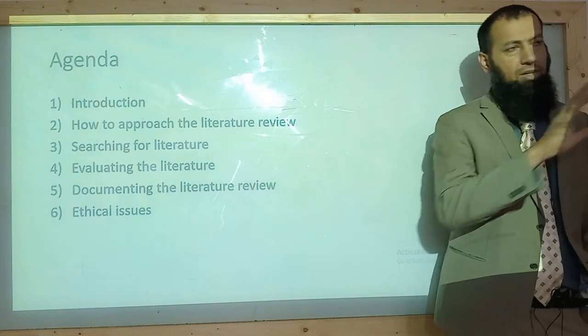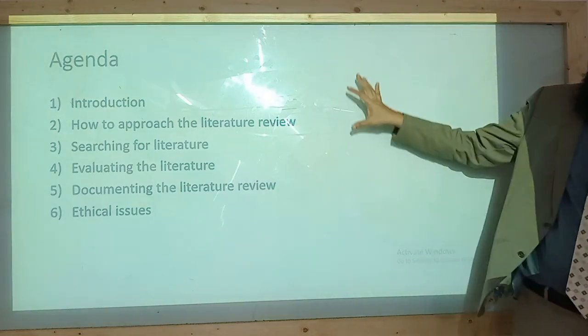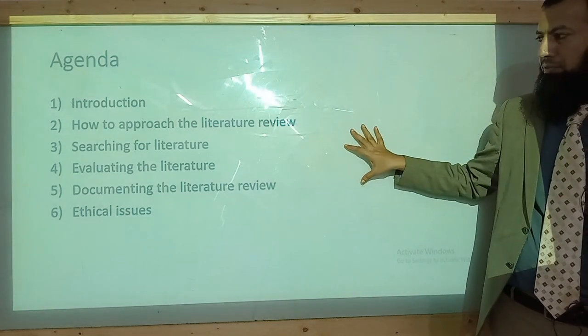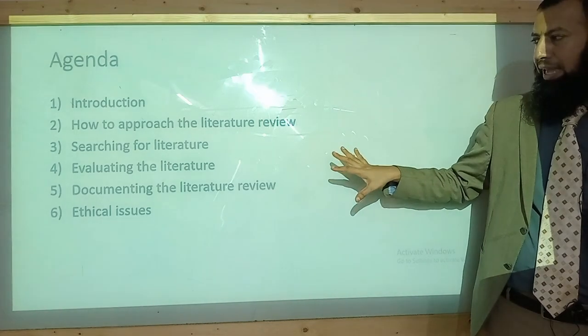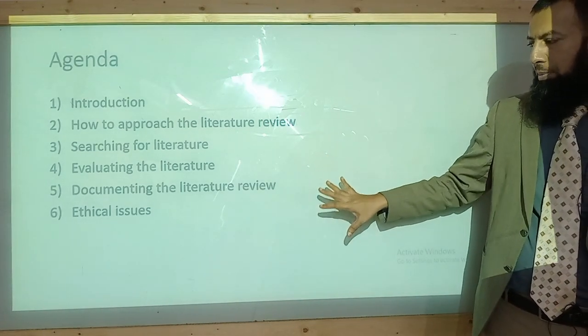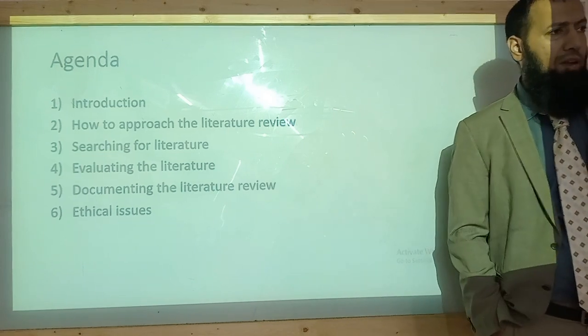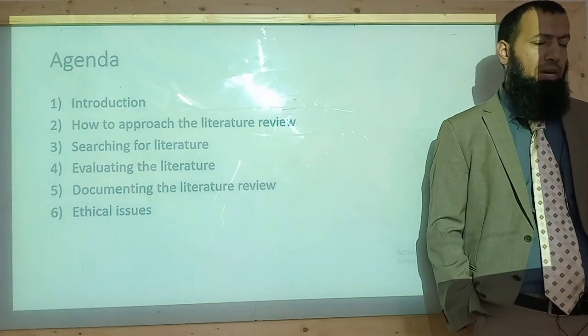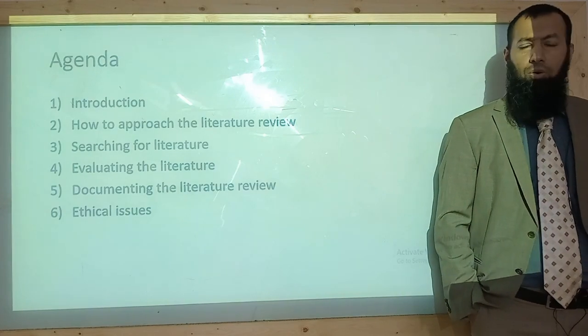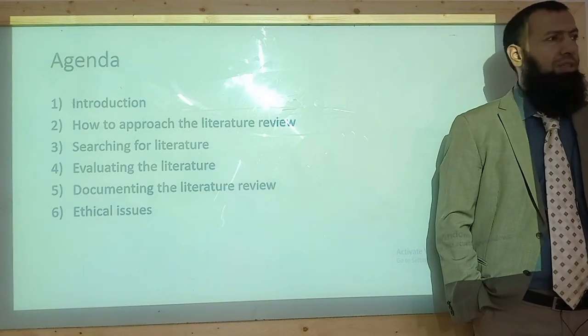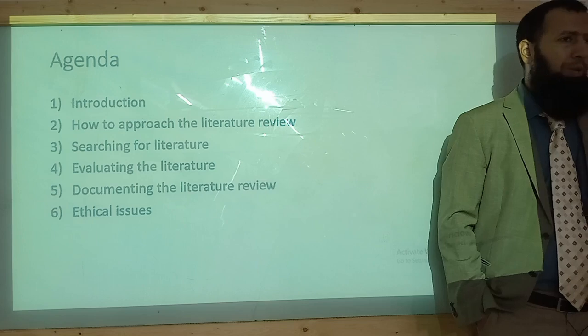Got it? Clear? Okay. So we are going to introduce how to approach the literature review, searching for literature, evaluating the literature, documenting the literature review, and ethical issues. Ethical issues are very important, because you cannot accept any and every research anytime. You need to be careful in that.